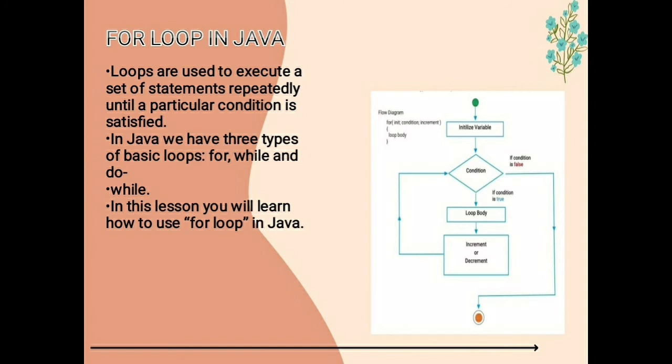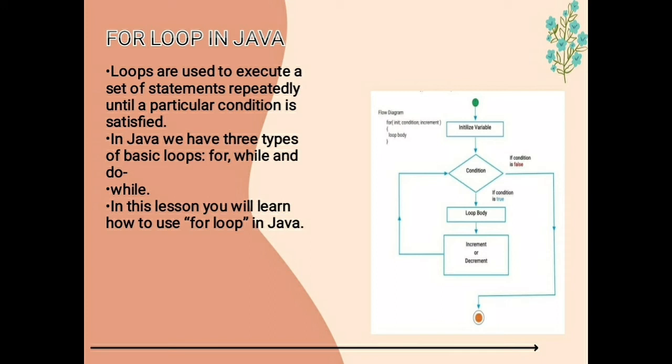For loop in Java, loops are used to execute a set of statements repeatedly until a particular condition is satisfied. Java for loop is used to run a block of code for a certain number of times, and the syntax of for loop is: first, the initial expression initializes and or declares variables and executes only once.